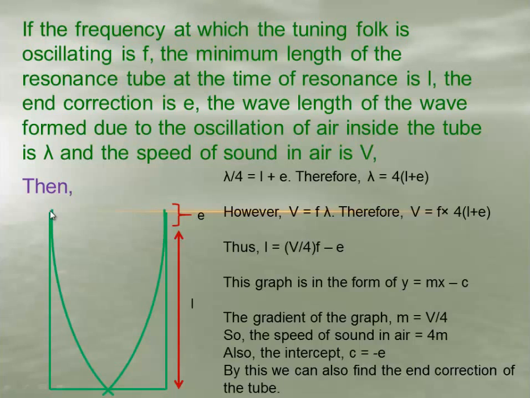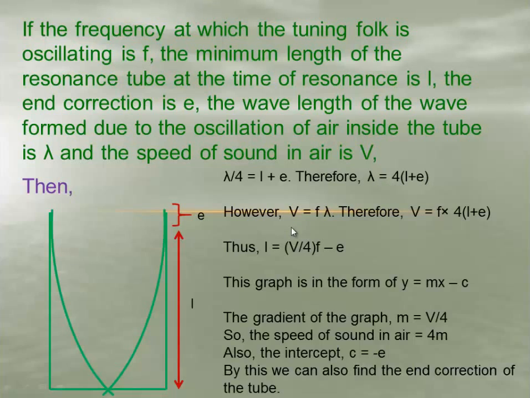The distance between an antinode and a node in a stationary wave is 1/4 of its wavelength. So lambda by 4, where lambda is the wavelength, is equal to L plus E. Multiplying both sides by 4, lambda is equal to 4 times (L plus E).